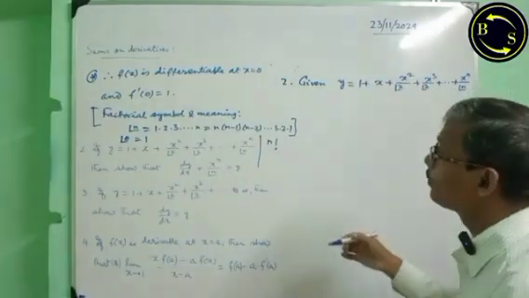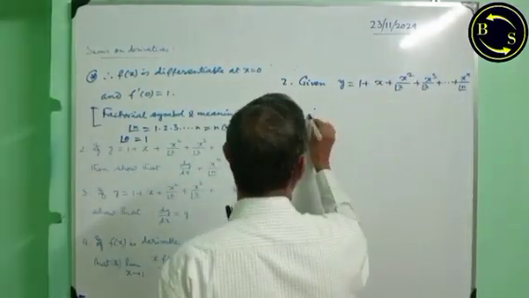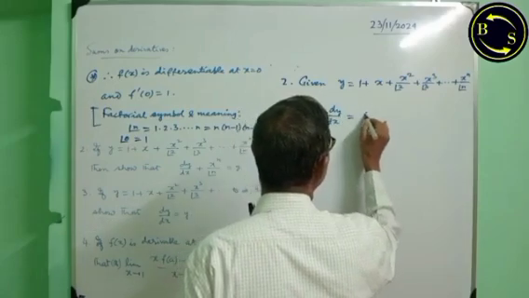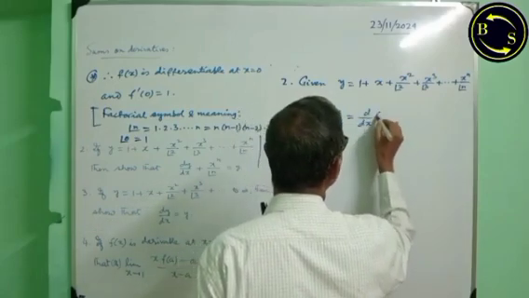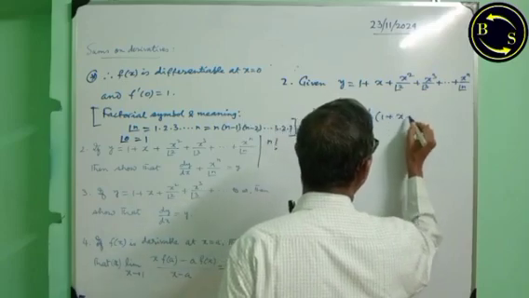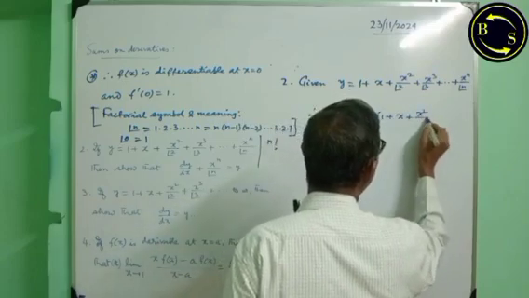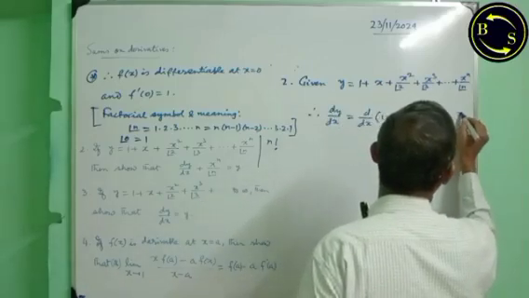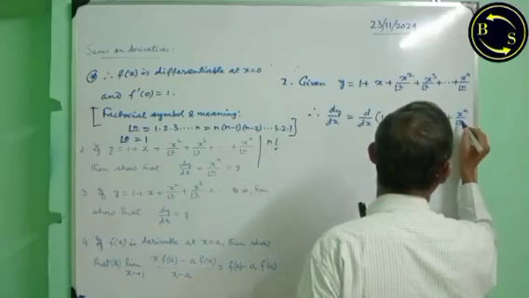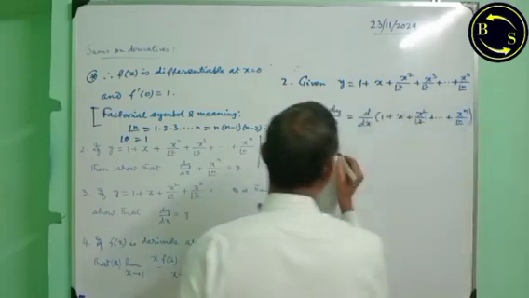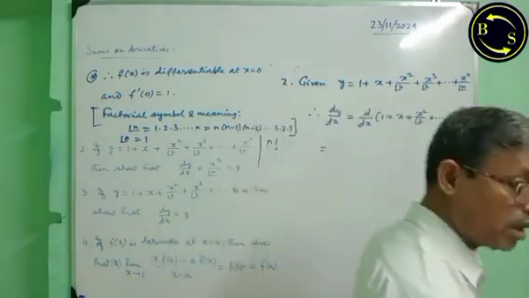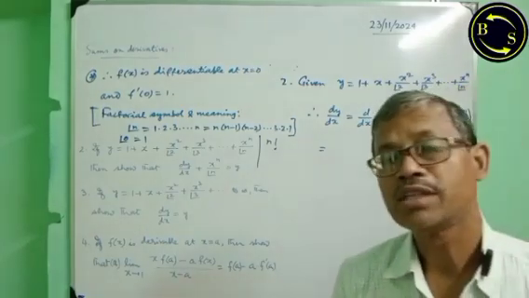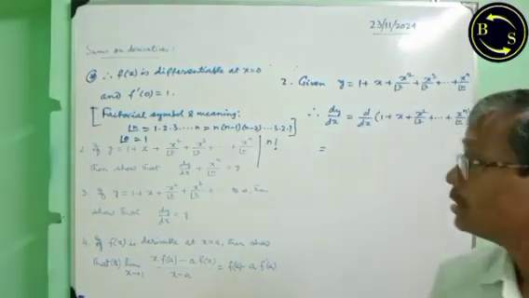Now this sum: dy/dx is equal to d/dx of the series. By applying the addition law or sum law, d/dx of (u plus v) equals du/dx plus dv/dx.